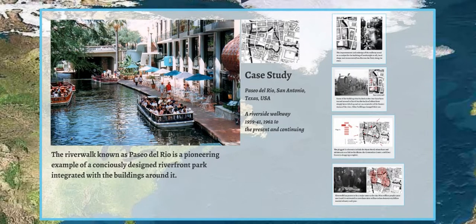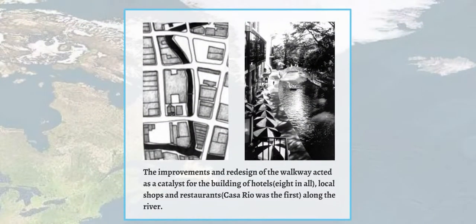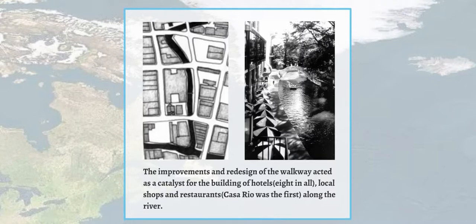The riverside walk, known as Paseo del Rio, is a pioneering example of a consciously designed riverfront park integrated with the buildings around it. The improvements and redesign of walkways acted as a catalyst for the building of hotels, local shops, and restaurants along the river.